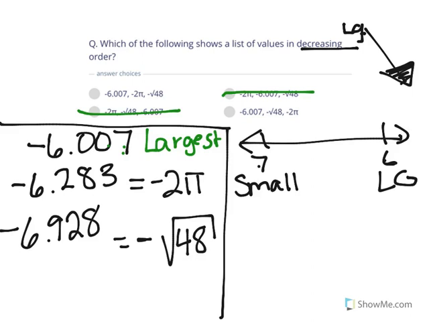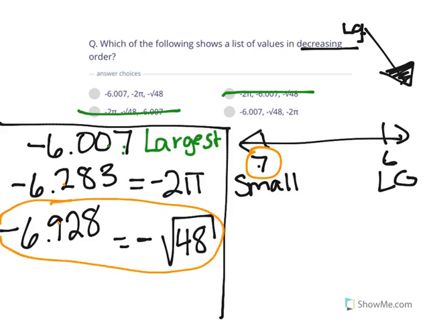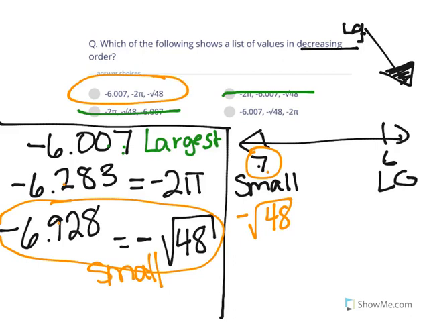Next, I'm going to look for the smallest number, which is closer to 7. So that would be negative square root 48. That's going to be the smallest. So that's negative square root 48, which is here. So large, small, and the 2 pi is in the middle.